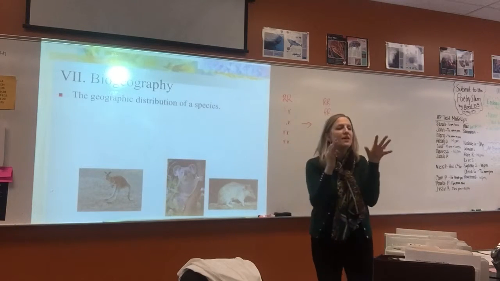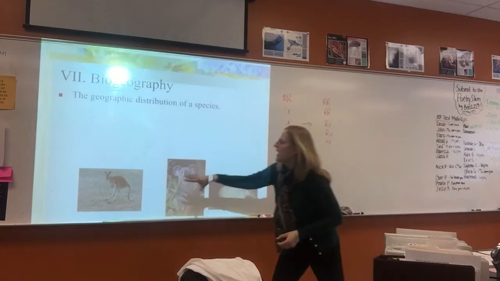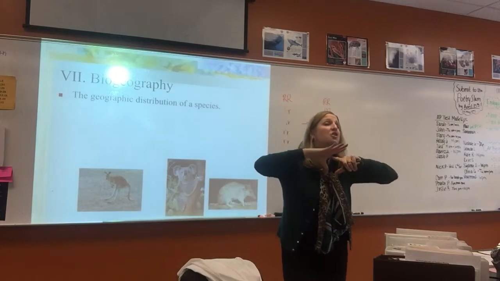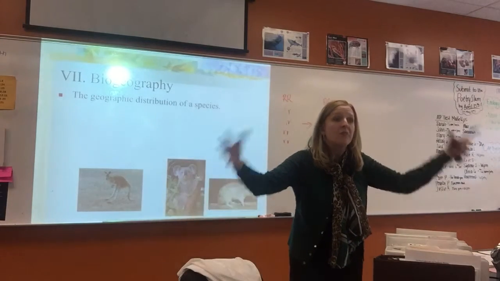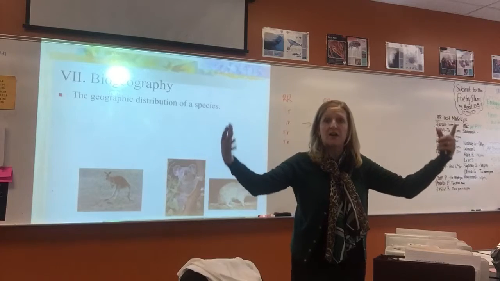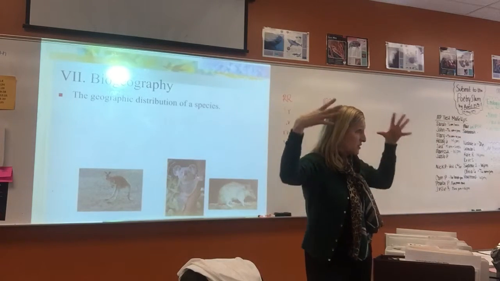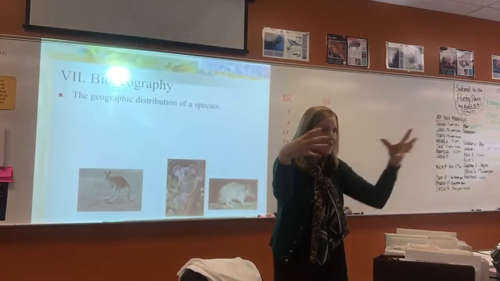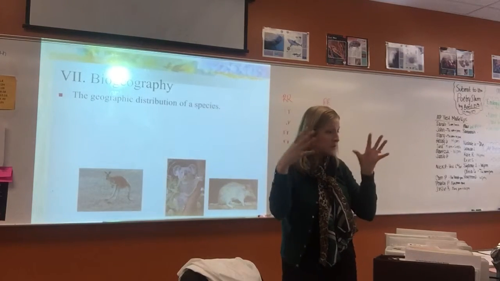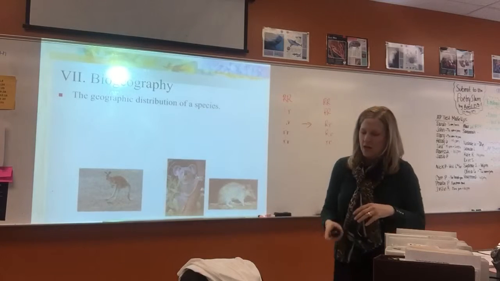And so what that's saying, though, is that in Australia, you have a huge diversity of marsupial mammals, on this continent of Australia, but not really around the rest of the world, all right? So therefore, there's relatedness between them and other organisms on Earth.